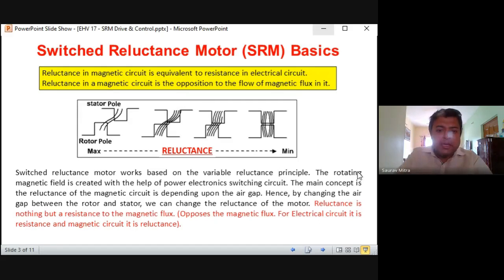As soon as one rotor pole has come in front of one stator pole, exactly at that time the stator pole will be made the same pole just by changing the electronics. Hence the rotor pole will be repelled, and the next stator pole we will make the opposite pole, so that this rotor pole will be attracted towards it. So initially it is attracted. As soon as the least reluctance occurs, we change the stator pole to the same pole.